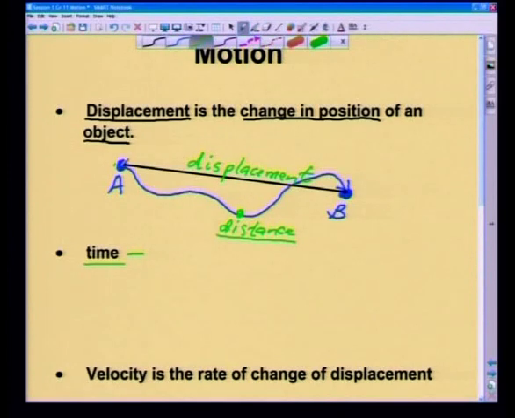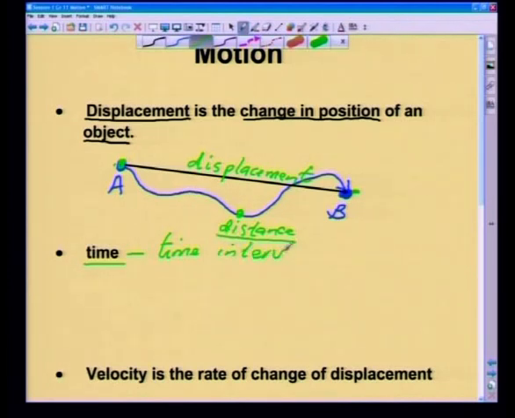In other words, if we look at how the object changes its position from A to B, and we are able to measure how long it takes to change its position from A to B, then that is the time in which that particular event occurred. We sometimes refer to this as the time interval.